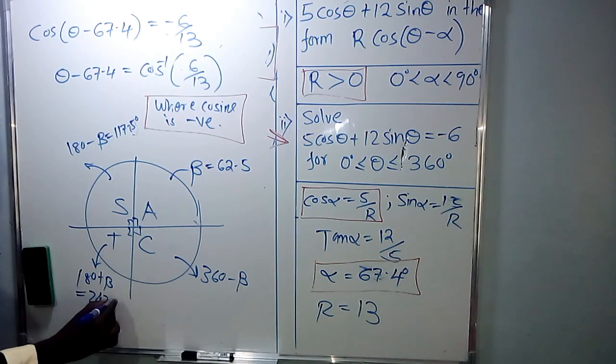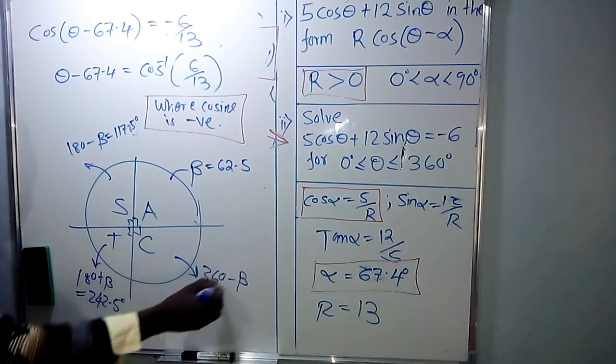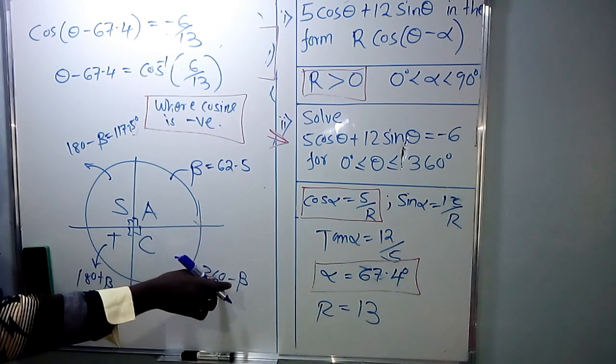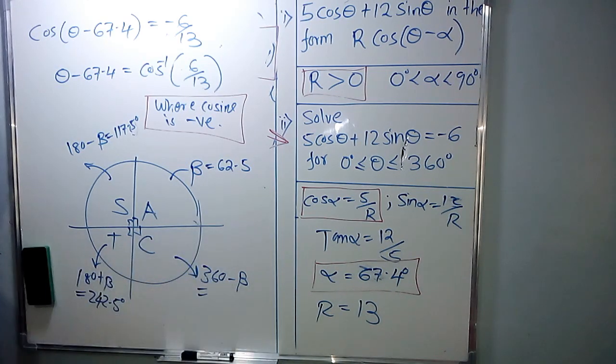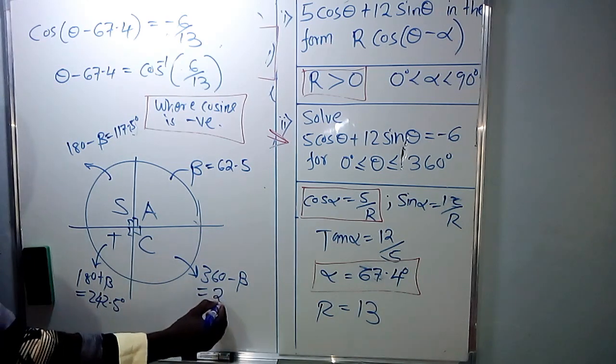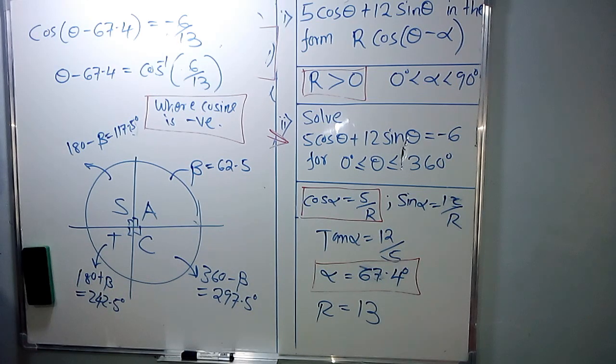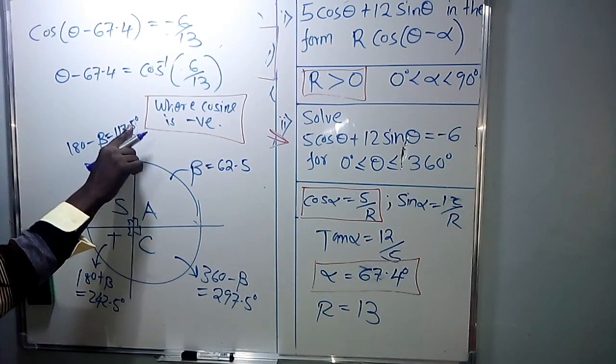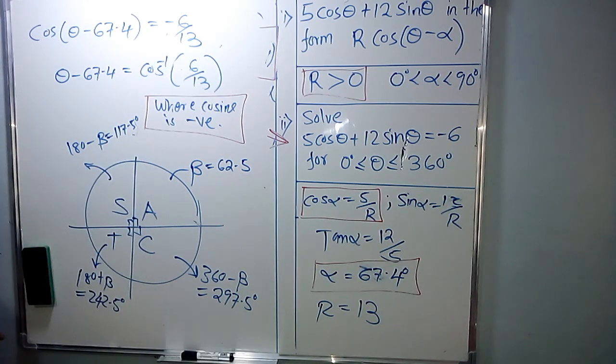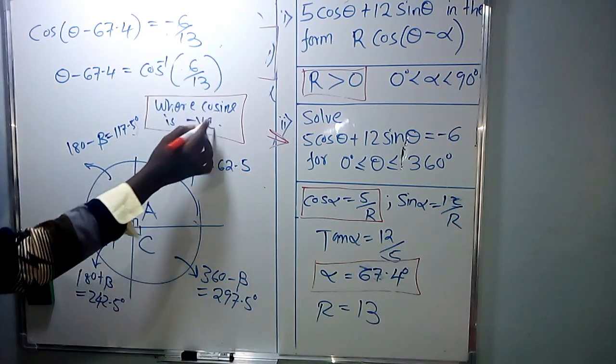Then 360 minus 62.5 degrees, we have 297.5 degrees, isn't it?